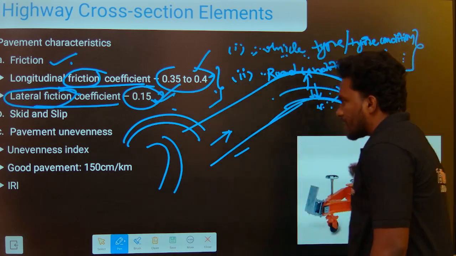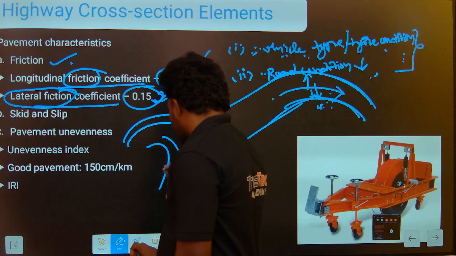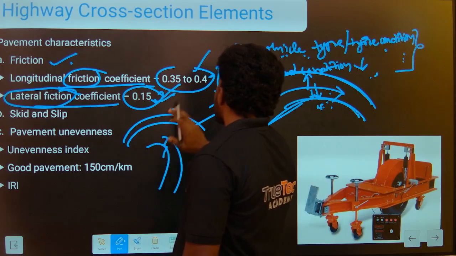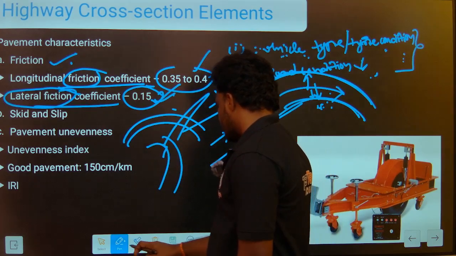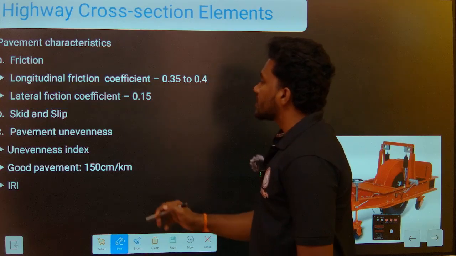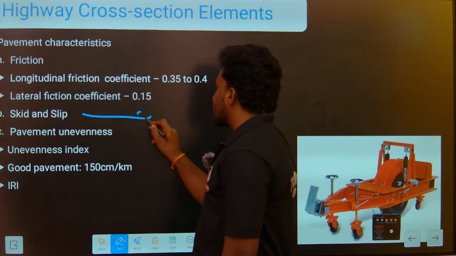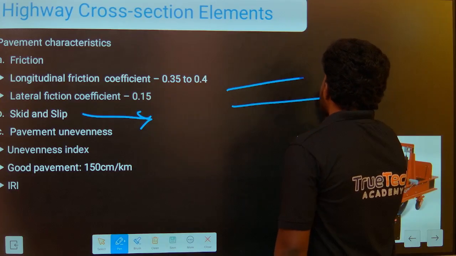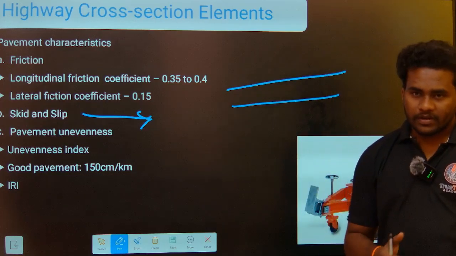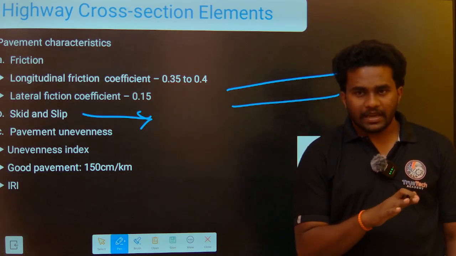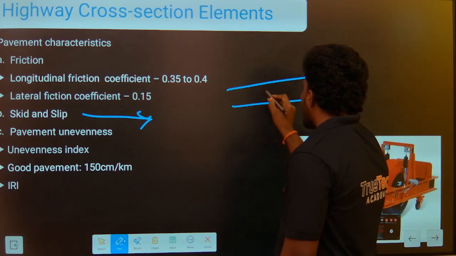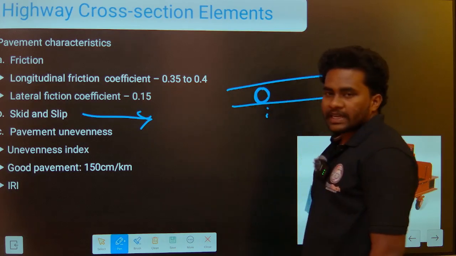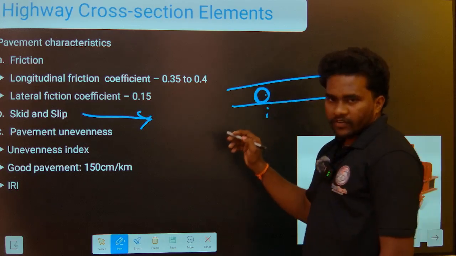And the next one is skid or slip. Skid is nothing but, for example, this is the road surface, and let's say this is the tire of the vehicle.